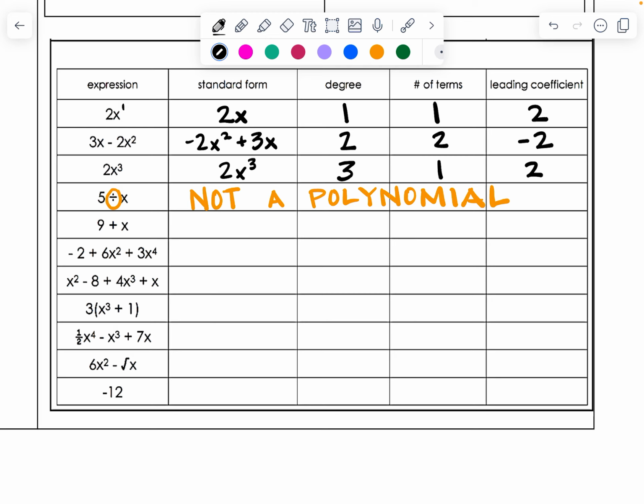Rewriting in standard form, remember there's this invisible 1 here as the exponent, so we would put x first plus 9. There are 2 terms. The degree is 1, that's the exponent, and the leading coefficient, again, there's an invisible 1 in front of the x, so the leading coefficient is 1.